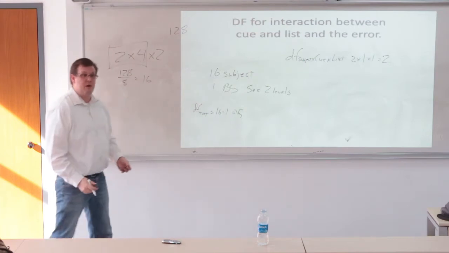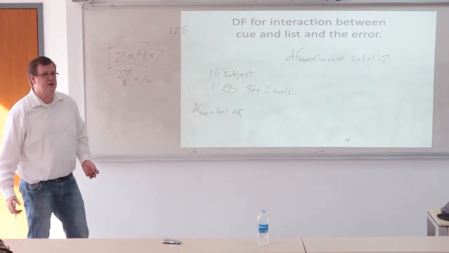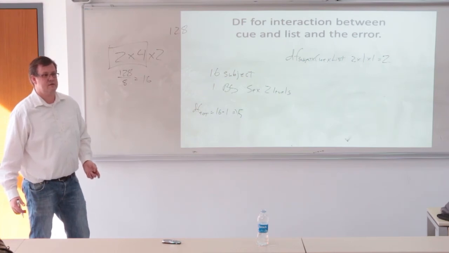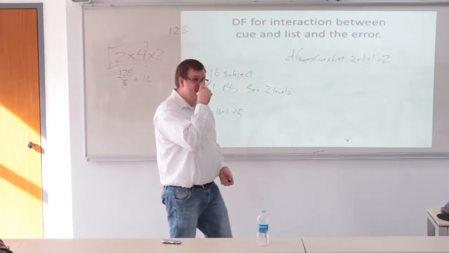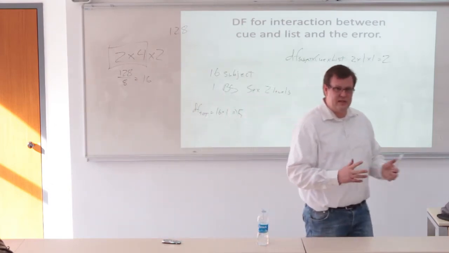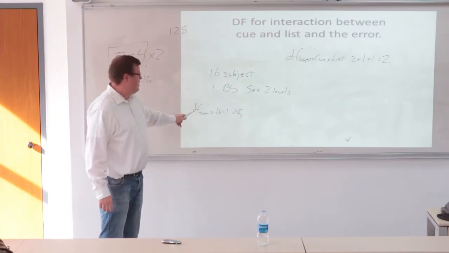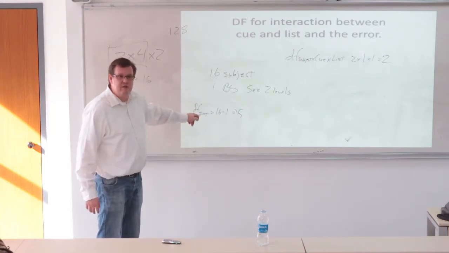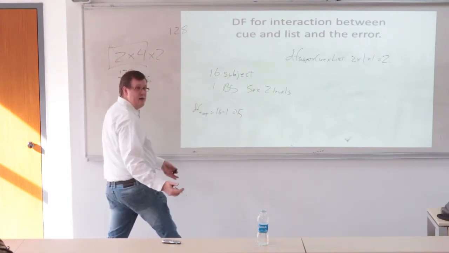How many degrees of freedom for our subjects do we have? So before we said the subjects is the degrees of freedom total, right? But what do we do to the degrees of freedom total? We subtract the different parts from it, right?